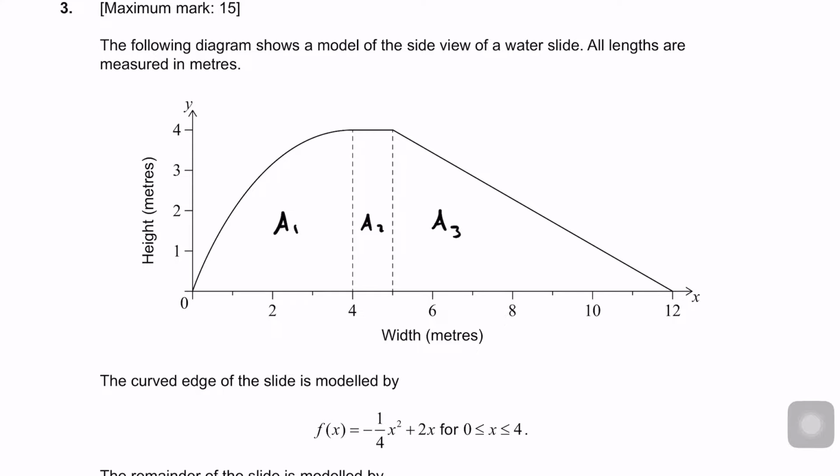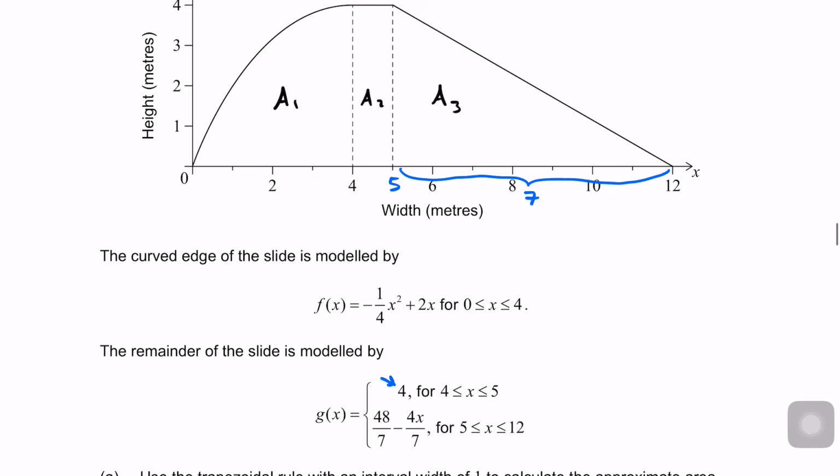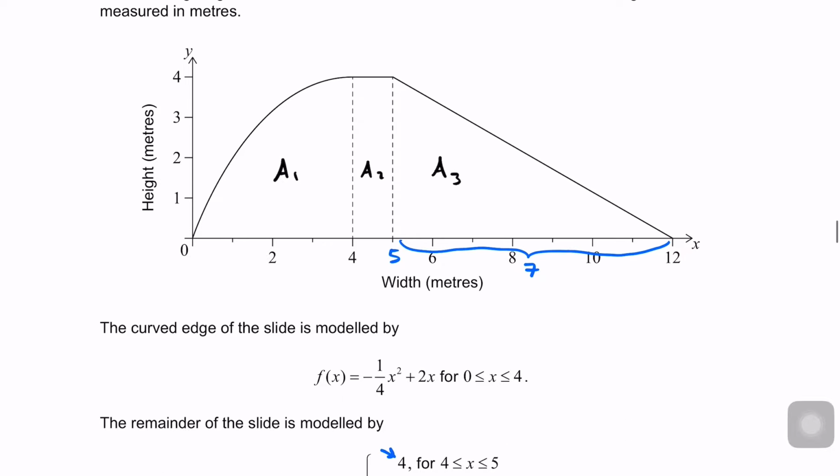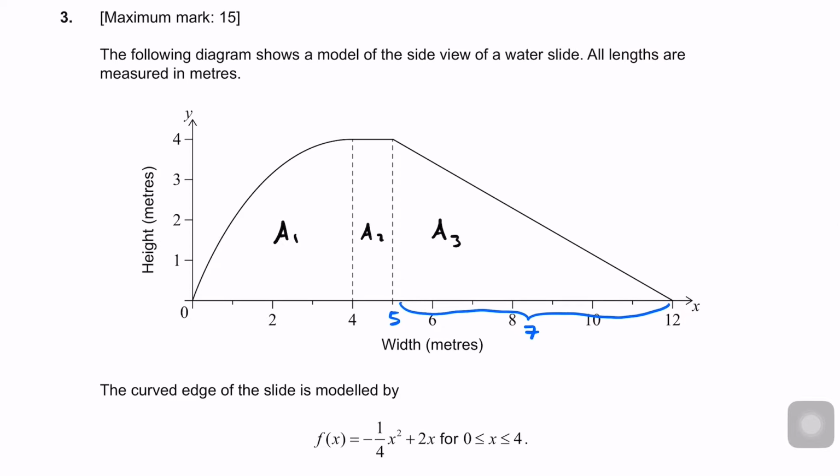This A3 right here is essentially a triangle. And we're going from 5 to 12, which means this triangle has a base equal to 7, since 5 plus 7 is equal to 12. And we know that this was at 4 right here, and it has a height. This triangle has a height of 4 as well.